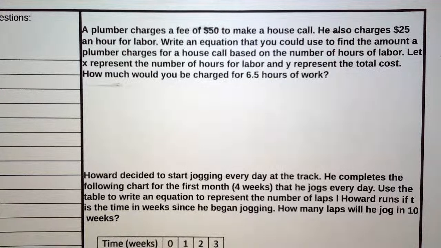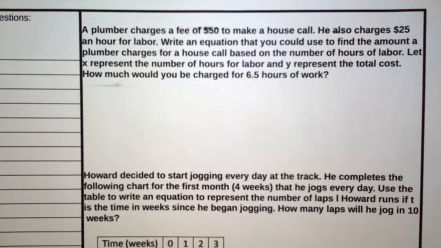Remember that your input is your independent variable. Your output is your dependent variable. Your X, the amount you get charged will depend on the number of hours. So your total cost is dependent upon how much the plumber works.